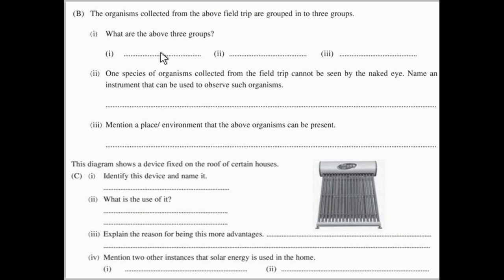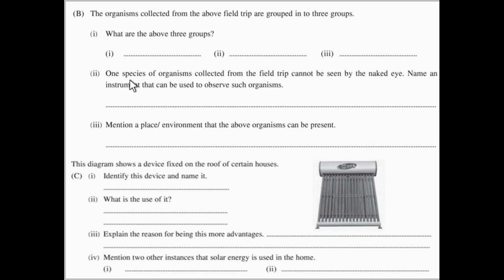Actually, they ask the three main types of organisms in the environment: plants, other one animals, and other one, what do you think? Microorganisms. Plants, animals, and microorganisms are three main types of organisms in the environment.